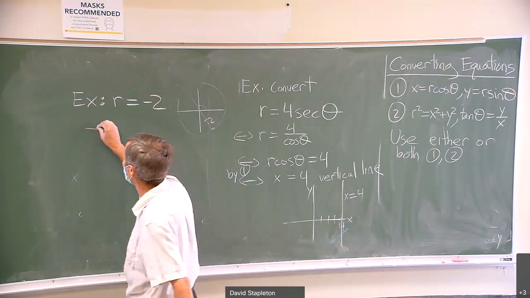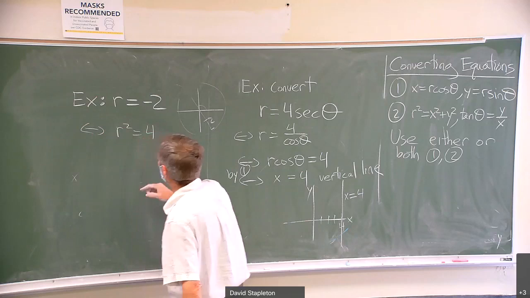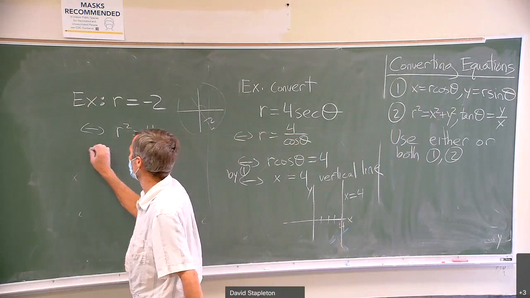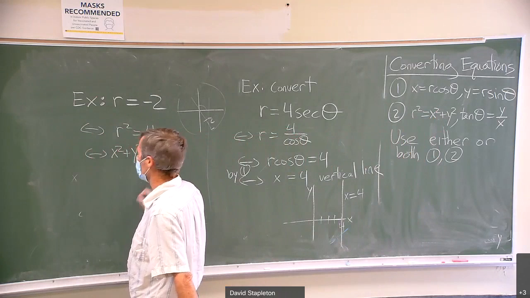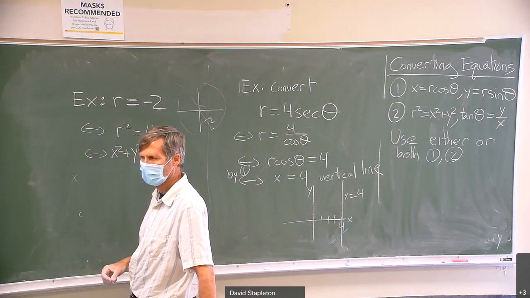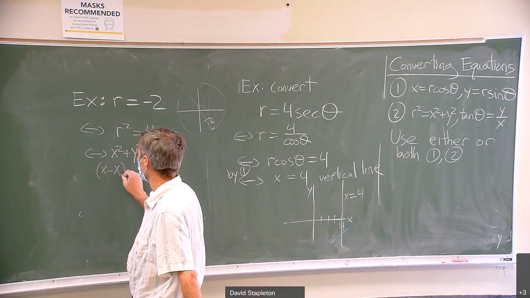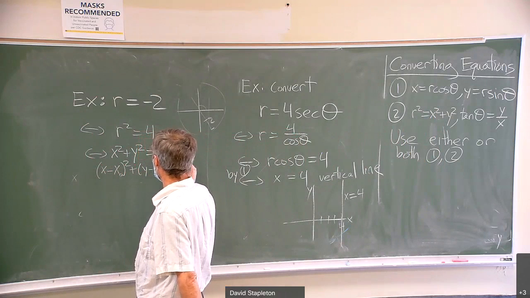Here's how to prove it with the equations. You square both sides and get r squared equals 4. Now you've squared both sides, you can use these equations directly. R squared is equal to x squared plus y squared. So this is x squared plus y squared equals 4. What is that? That's of the form (x minus x0) squared plus (y minus y0) squared equals r squared.